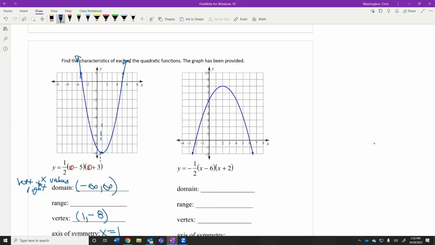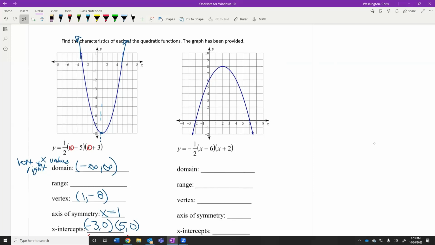What about the range? The range is the same idea, but instead of the x values, the range is the y values. We can think about this as going from the bottom to the top. So literally, what's the smallest y value on this graph? -8. -8 is the smallest, and -8 is included, so we're going to use a bracket. And what is the biggest y value on the graph? We're going all the way up to the top now.